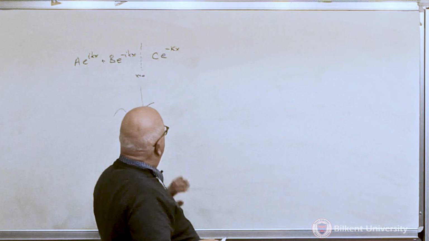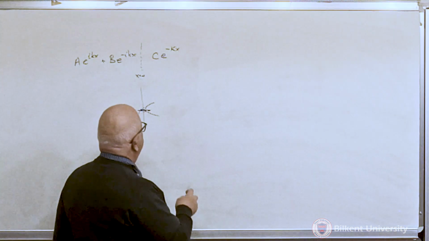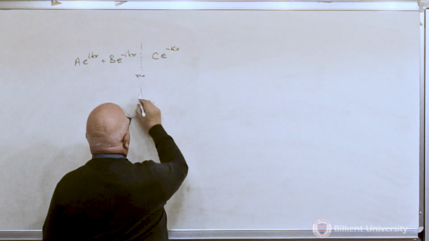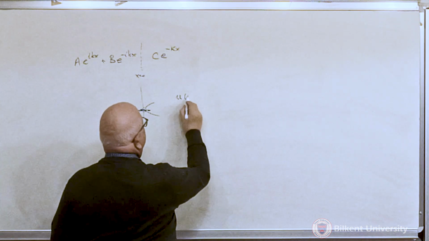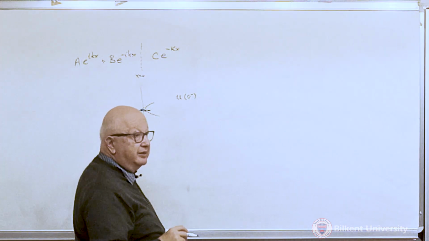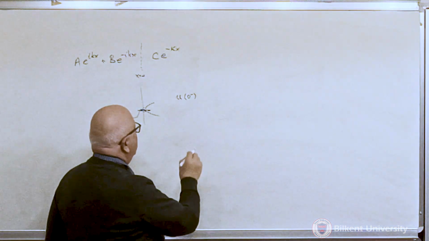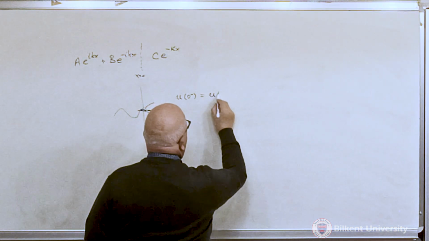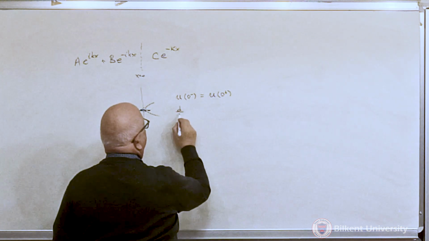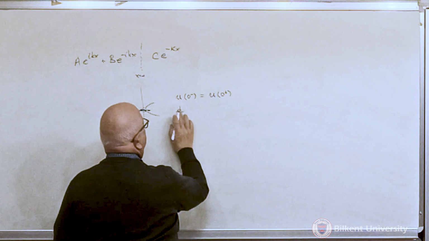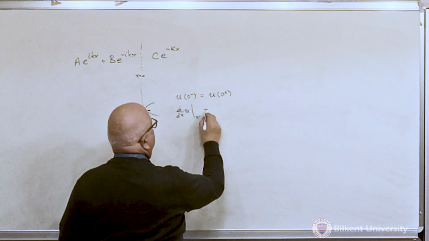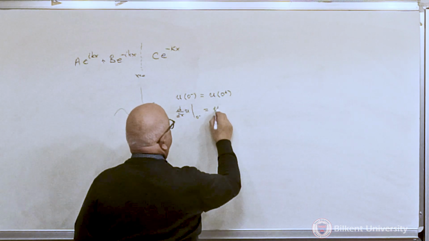One way of doing that is to make sure that u at 0 minus, which means at x a little less than 0, is equal to u at 0 plus, and the derivative is also equal.